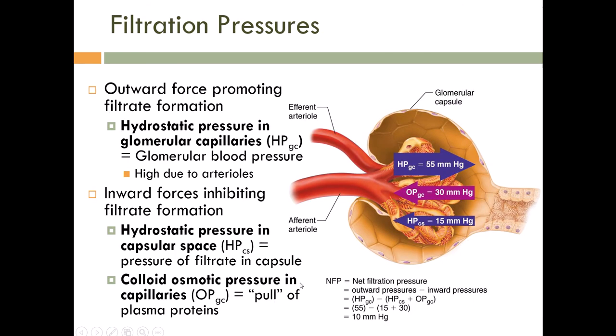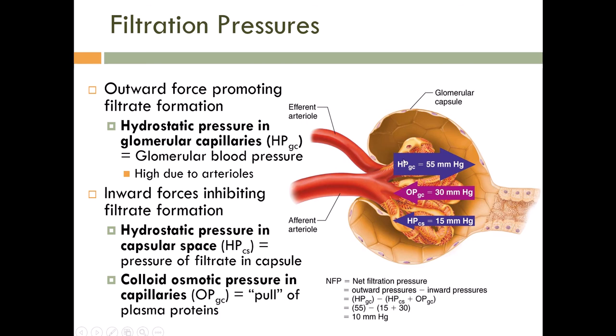So there are three types of pressures that affect glomerular filtration. One of those is what we call the hydrostatic pressure in the capillary itself. It's basically the blood pressure of the capillary. And again, because of the arterioles, it's very, very high compared to a typical capillary.